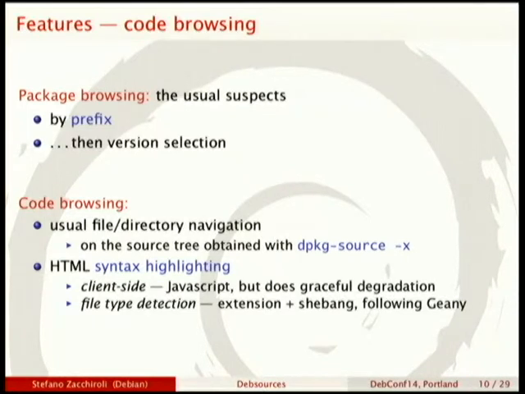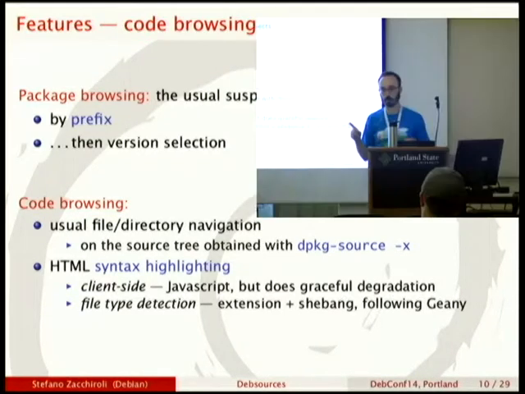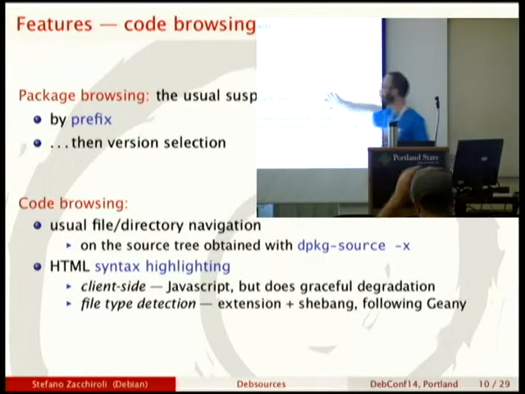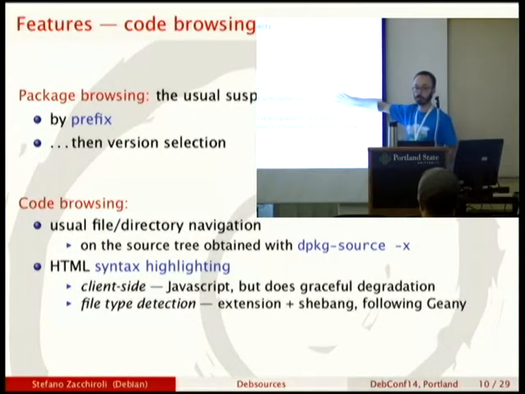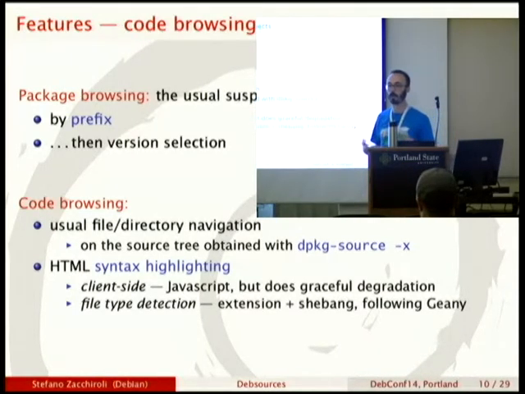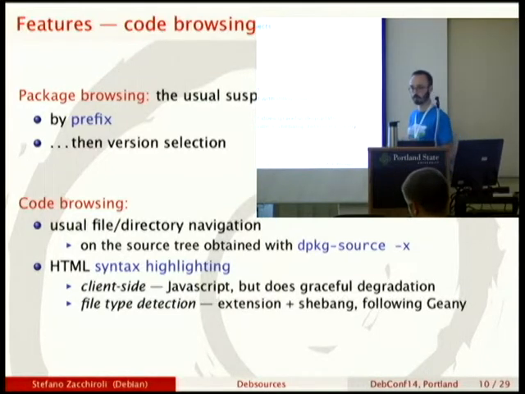When you've found the source package you're interested in, you choose a version among all the versions available and look at what's in it. When you arrive at a specific version of a package, what you find is essentially the content of the source package as obtained with dpkg-source -x. That means there is some lack of uniformity there. For instance, patches might be applied or not, depending on the patch system you're using.